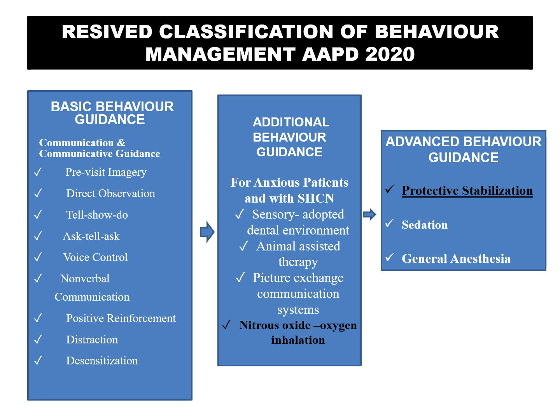It includes the sensory adapted dental environment, animal assisted therapy, and picture exchange communication system, in which nitrous oxide and oxygen inhalation has been included. So if the patient is mildly autistic or has mild cerebral palsy, they can be managed with nitrous oxide oxygen inhalation. In cases where the patient is moderate or severe, they are best suited for general anesthesia cases.